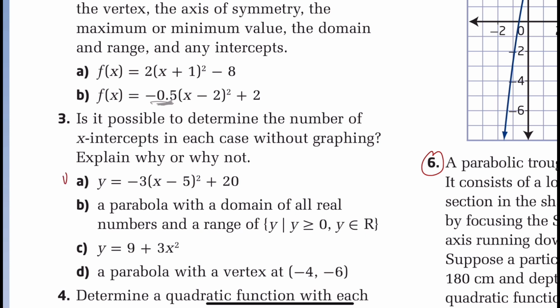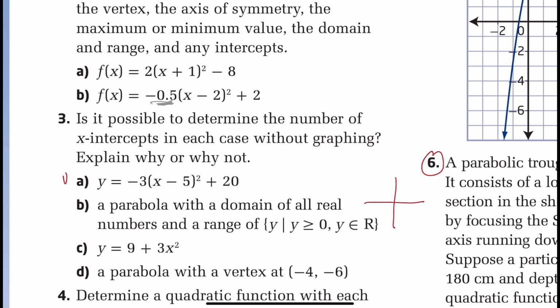A parabola with the domain R, and the range is y is greater than or equal to 0. So this shows me that my y-intercept is 0.